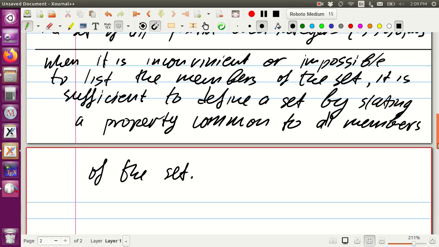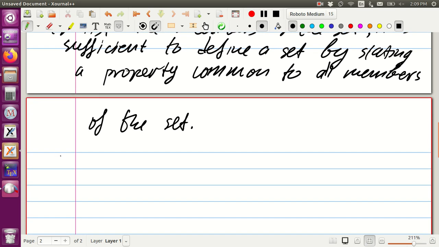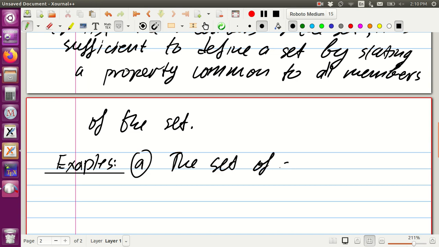So for example, we can say the set of all rational numbers. Because we can't really list all of them out, but we can just write set of all rational numbers. So each number in the set has to be a rational number.